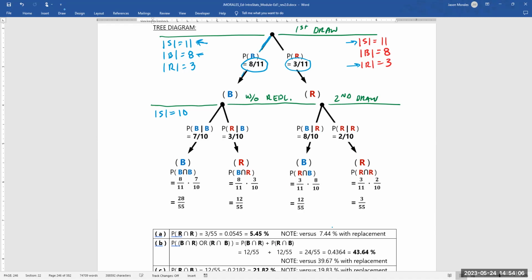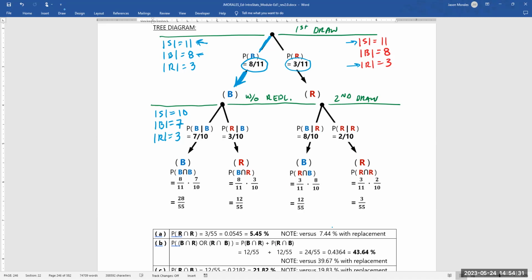And on this left-hand side branch, the number of blue marbles we have now is going to be 7, because we chose a blue one and we're holding on to it. So now there's only 7 blue marbles in the bag. And since the first marble was blue, we still have all the red in the bag.